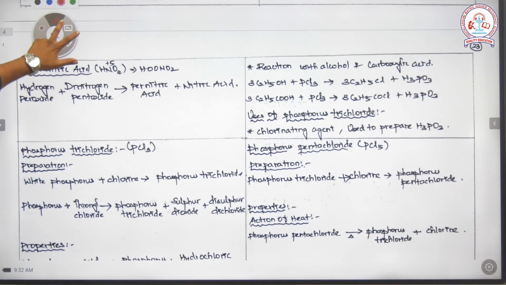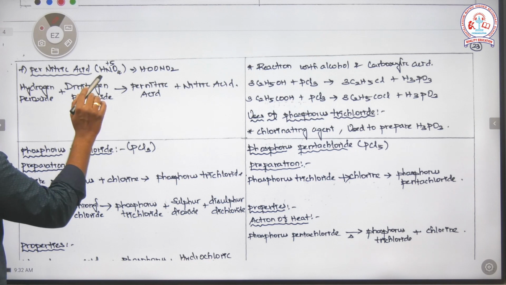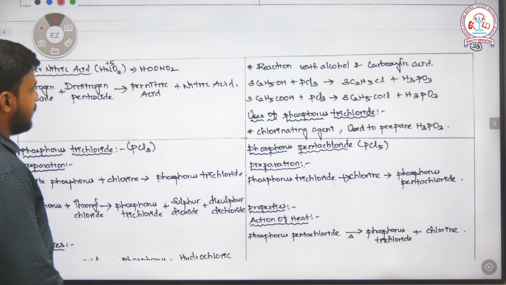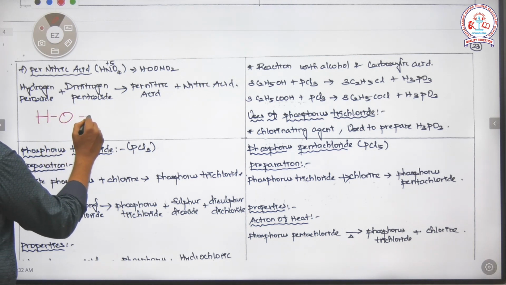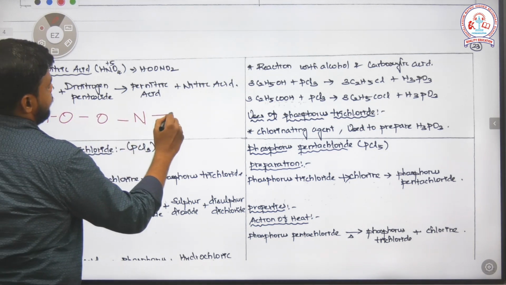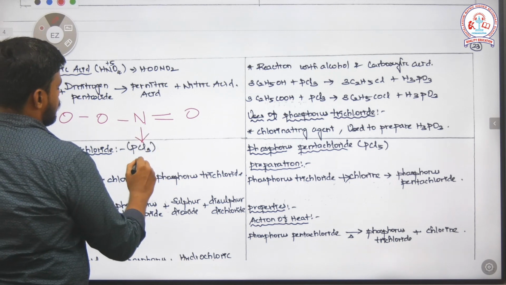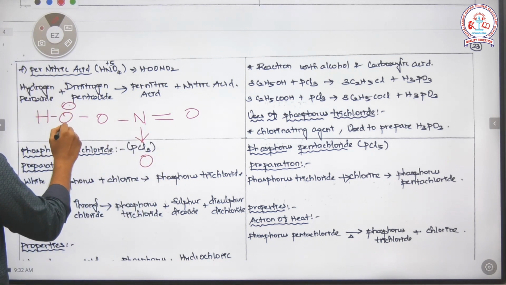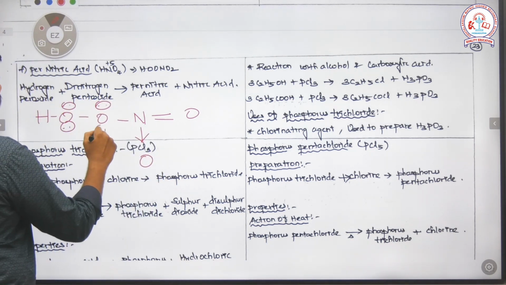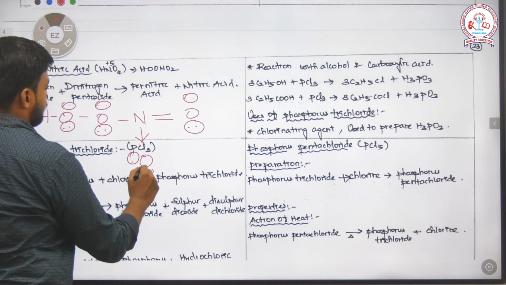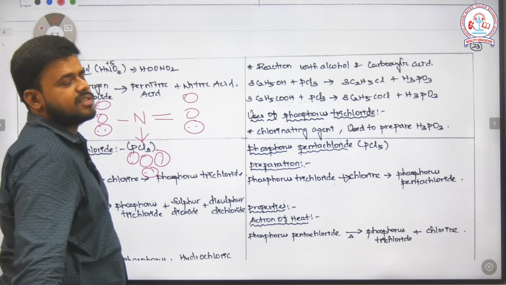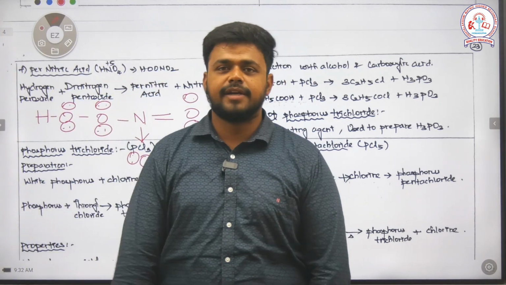Pernitric acid has the molecular formula HNO4, the oxidation state is +5. The structure includes HOONO2 with lone pairs. So this is regarding the structure of the oxides of nitrogen.